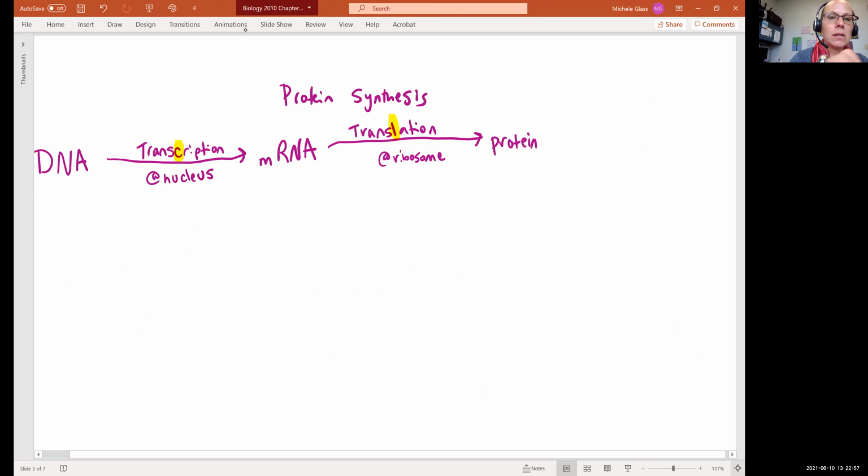We're talking about doing this on an individual gene level. So we're basically taking not the entire genome, but we're just taking a single gene and we're converting that gene from DNA to mRNA.